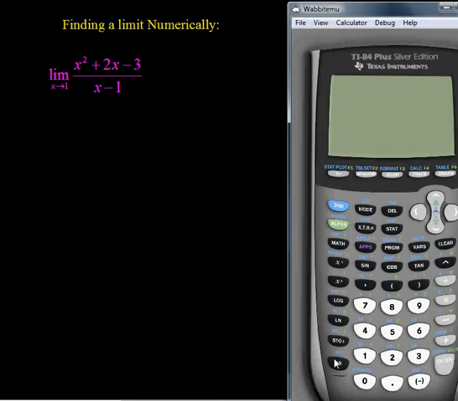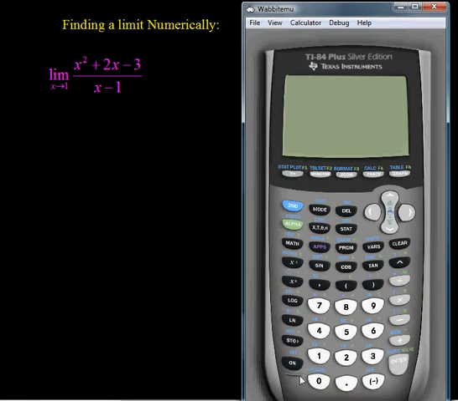So here's the TI-84. We can do this on the Inspire as well. Let me get this on the screen. Okay, and notice I'm going into my y equals, and I'm going to put in my function. Let's make sure to put the numerator in parentheses.